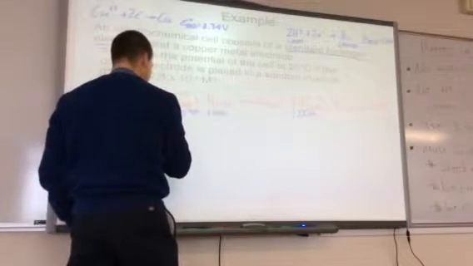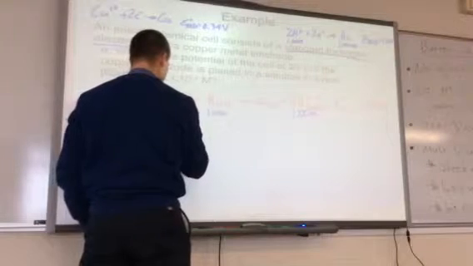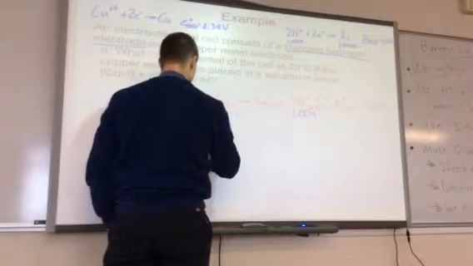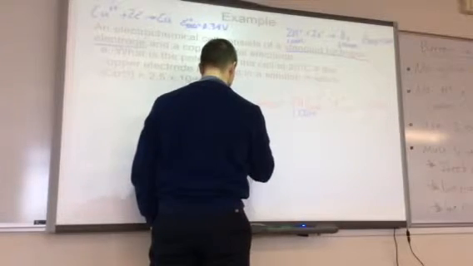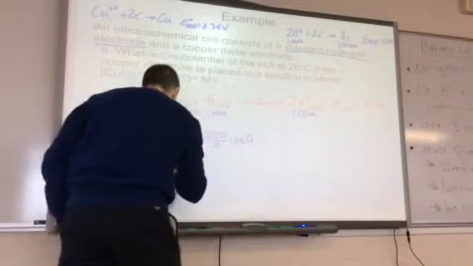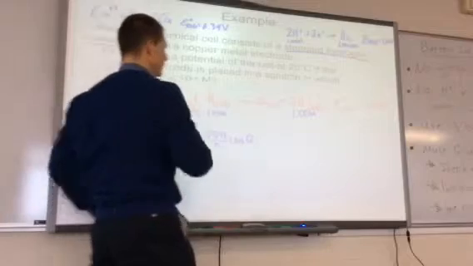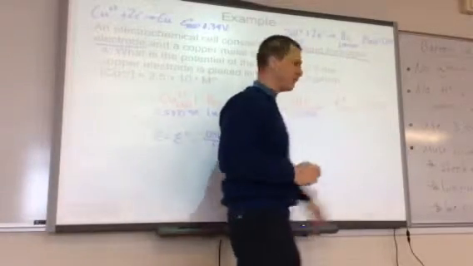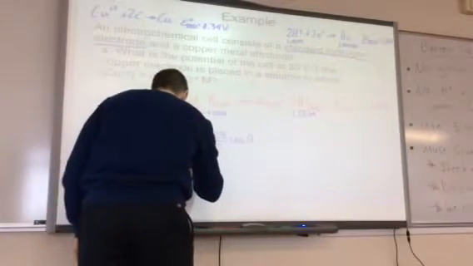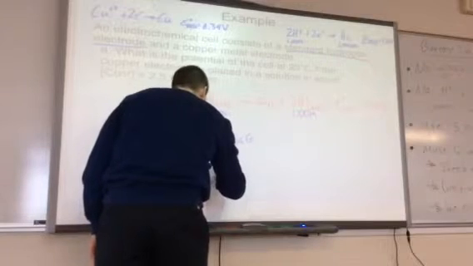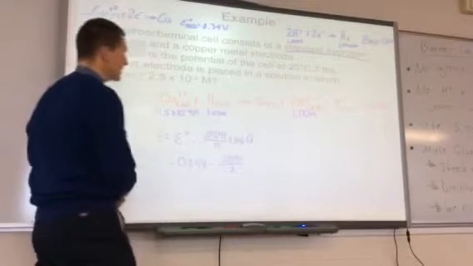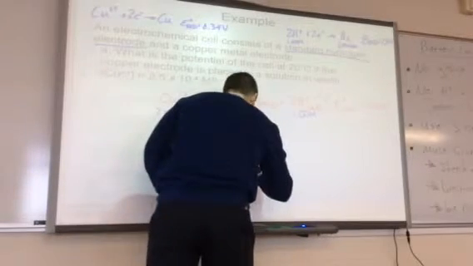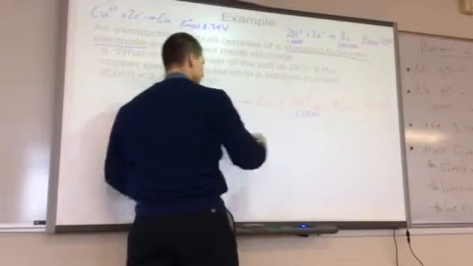So we're trying to find the cell potential. Epsilon equals epsilon naught minus 0.0591 over n log of Q. So the standard cell potential is right there. It's 0.34 minus 0.0591 over 2, and it's 2 again in this case, times the log, and it's going to look like this.